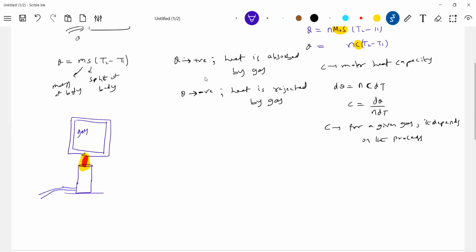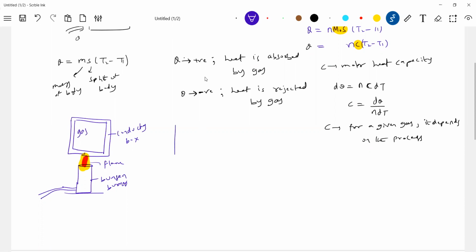So there's a gas, no? So let this be a conducting box. So what this flame will do, it will supply heat and the gas will get it.